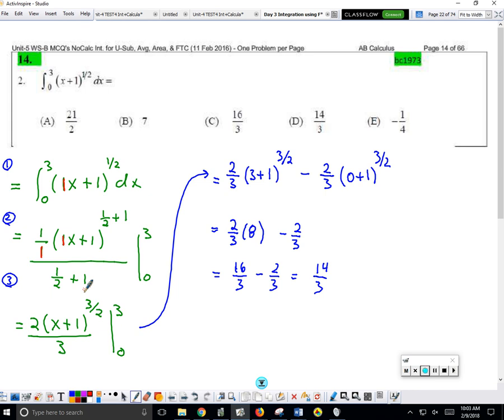Okay, everybody look here. You just got to get memorized a little more firmly that multiplication and division are kind of interchangeable operations. So what we have here is this. You've got x plus 1 to the 3/2 power. It's being divided by 3 over 2.